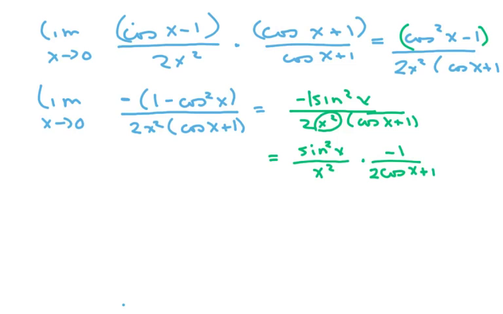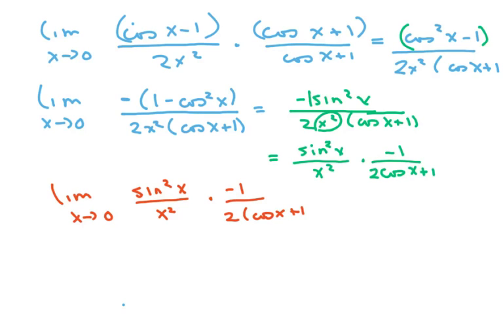Now, for this one, I'm going to go ahead and multiply it by x. These are both squares, so we know that's 1. So we're going to get the limit as x approaches 0 of sine squared of x over x squared times negative 1 over 2 times cosine x plus 1.